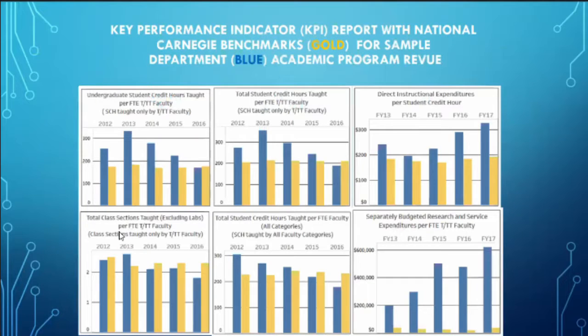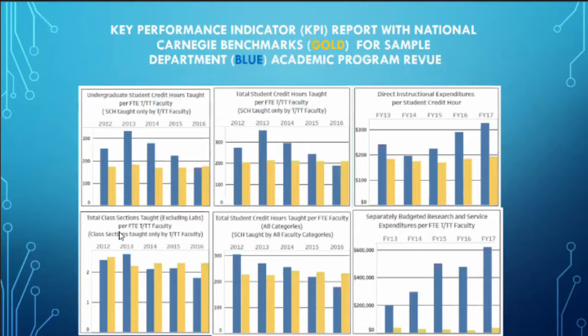What that looks like here at the University of Delaware is these 6 key performance indicators. In the blue, you'll see the sample department. In gold, you will see the National Carnegie benchmark for this by year. So we're both combining longitudinal data and the Carnegie norms in this example.